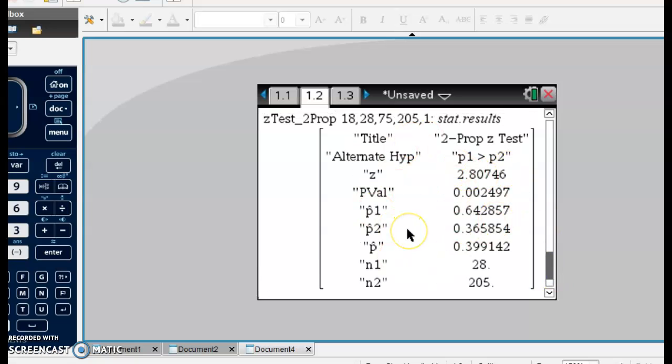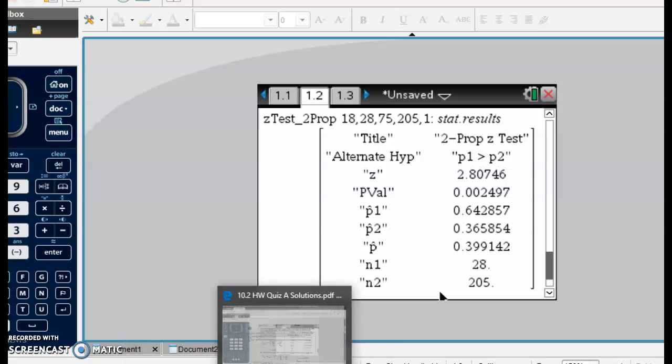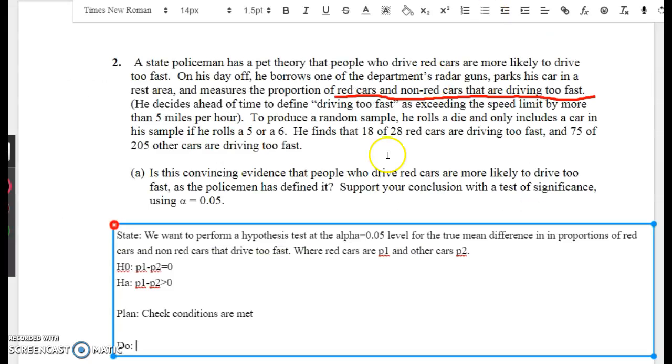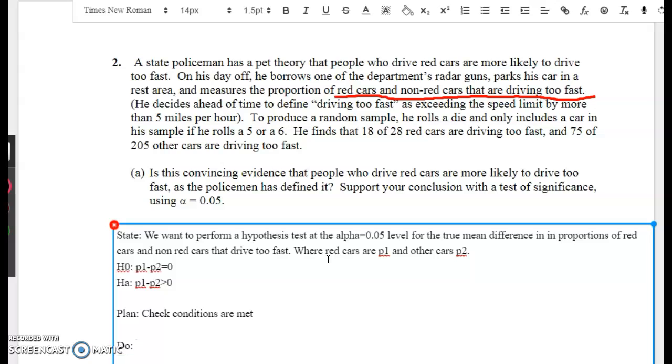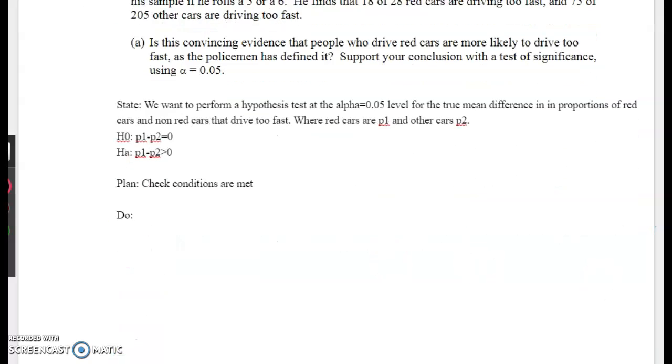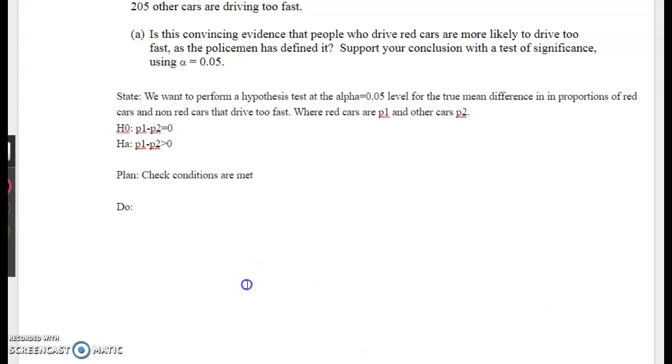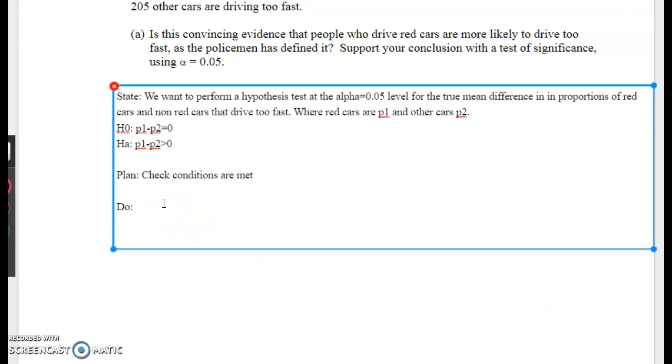So here's my result. I got a p-value of 0.002. So the do is those calculations I just did in the calculator. Sufficient work is just listing really everything that came out on that screen. But the most important part was that p-value. So here at the do, we got a p-value of 0.002. So based on our alpha level of 0.05, our conclude here is we're going to reject the null hypothesis.